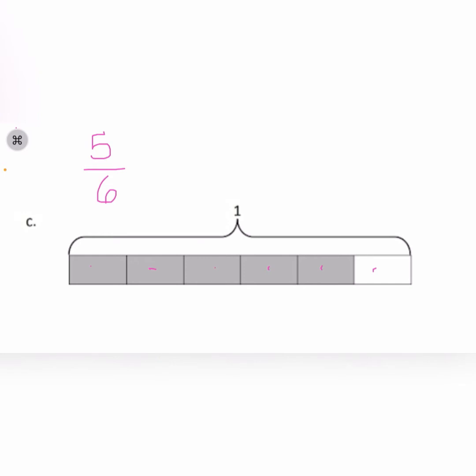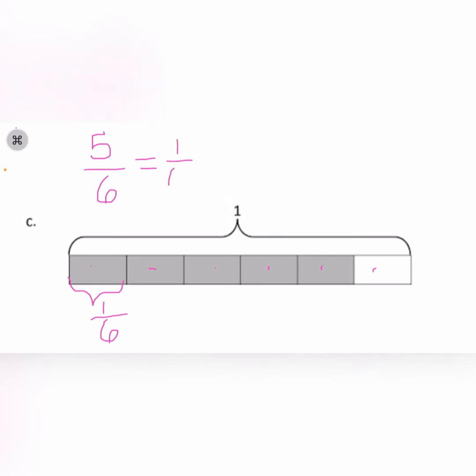To find the unit fraction, take a look at your tape diagram, and you can label each piece. Because it's divided into 6 equal pieces, each part represents 1/6. So when I write my sum of unit fractions, I would write 5/6 equals, and I'm adding 1/6 up until I get to 5/6.